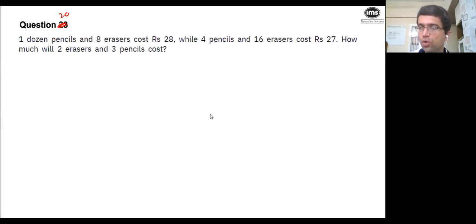Those who have already done these questions are ahead of others. Good habit. Just like the previous one, check whether you really need to solve simultaneous equations or you don't need to.